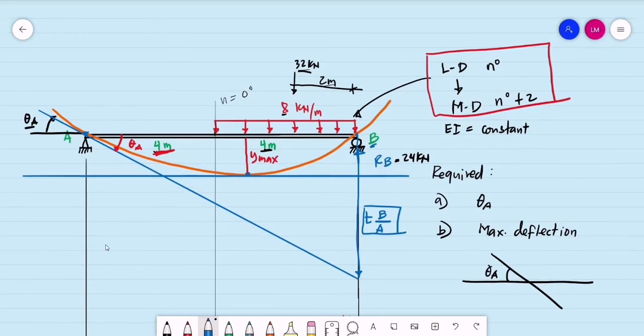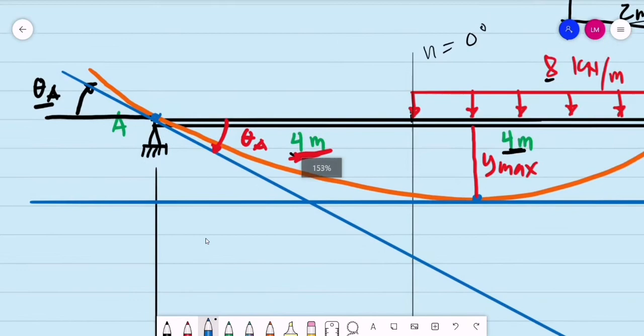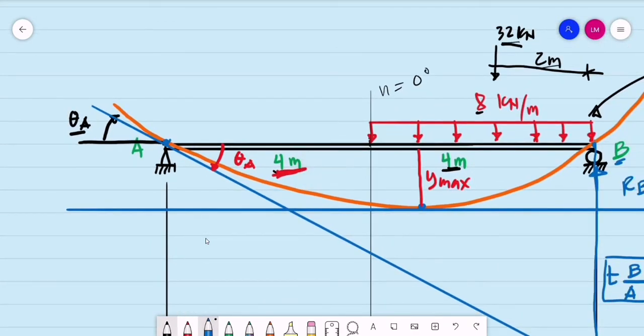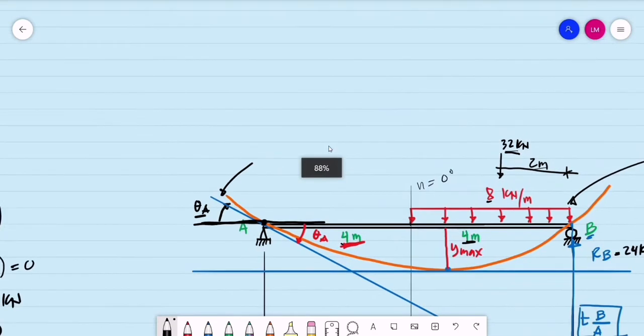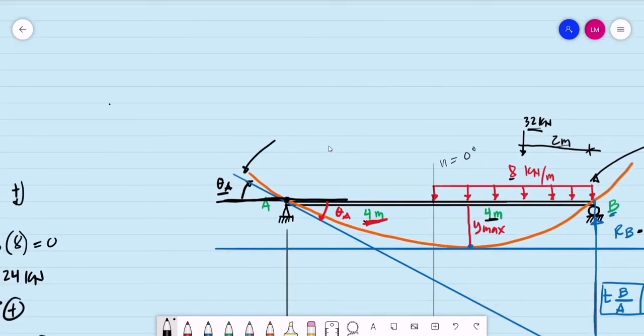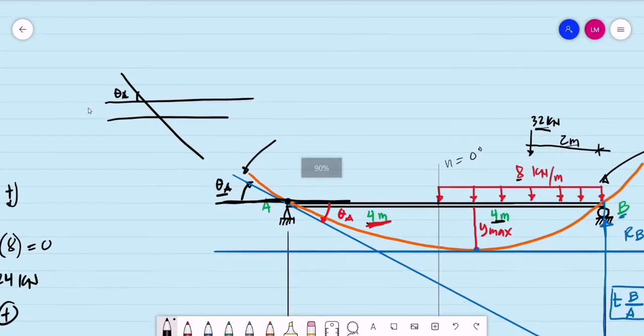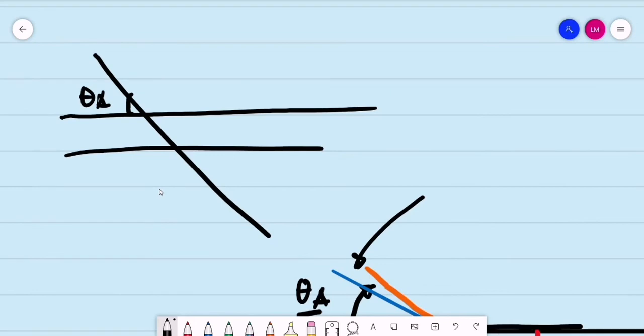Then, if we observe the tangent line passing through point A, our reference for measuring theta A is the horizontal beam. That is the same as having two horizontal lines intersected by a transverse line. So this is the same as theta A, and the angle on the other line is the same as theta sub A.